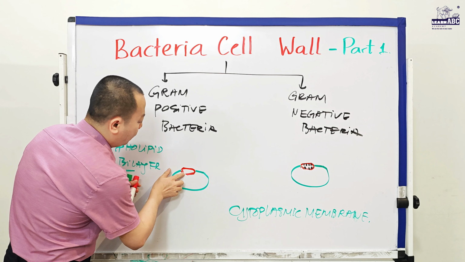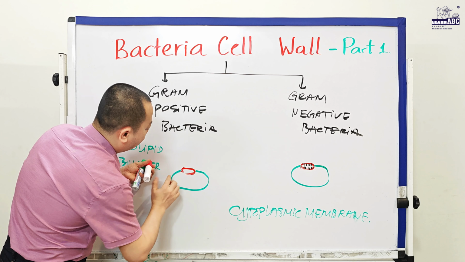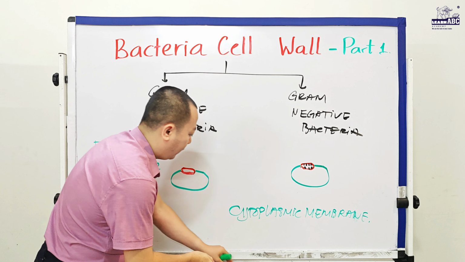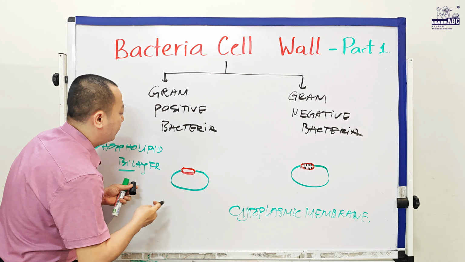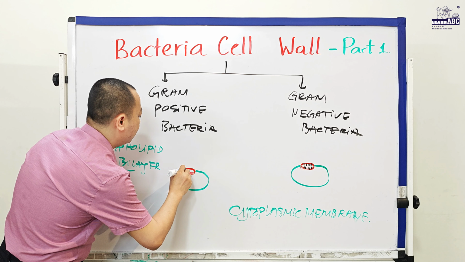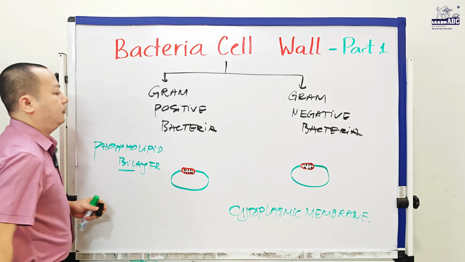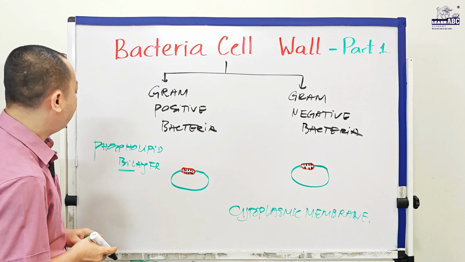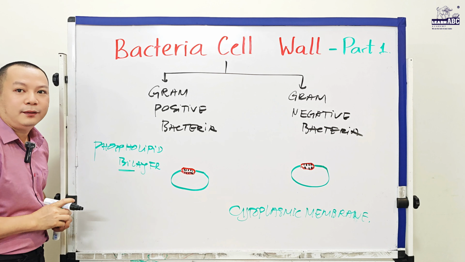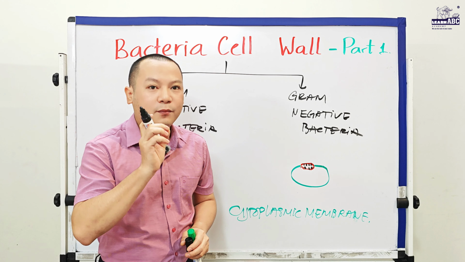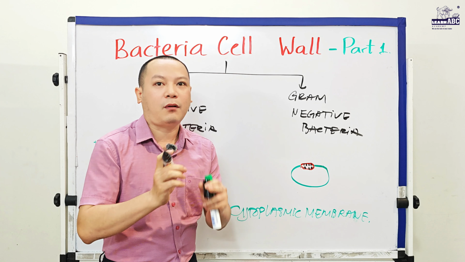But in the human cell, you know, in the human cell, what is the difference? Yes, the same is a phospholipid bilayer. But what is the difference from the human cell? Remember that in the human cell, we have sterol.